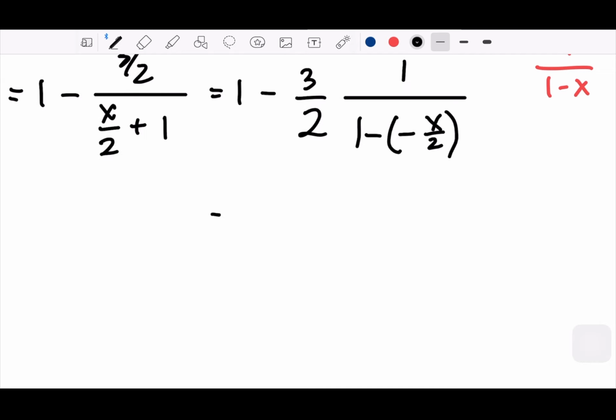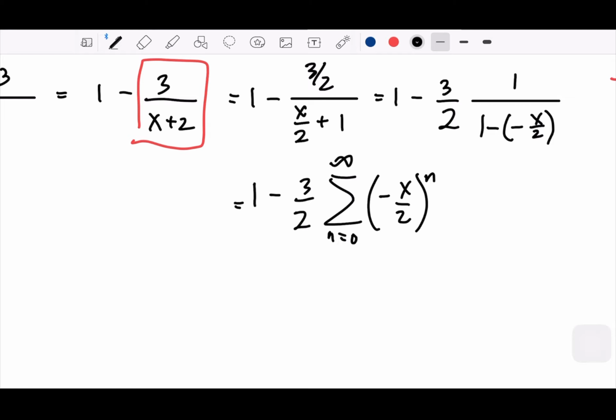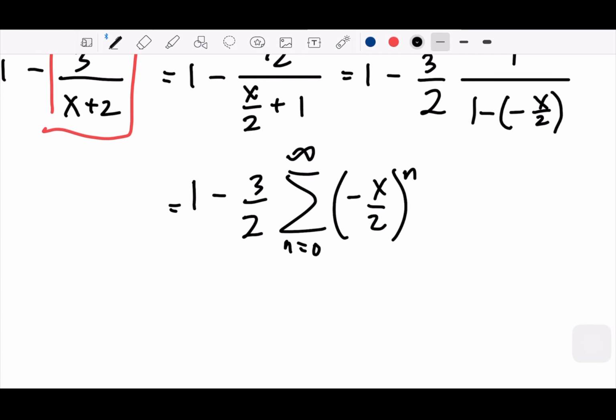Okay, next, let me write here. So 1 minus 3 over 2 sum of negative x over 2 with power of n. Now if we start with n equals 0, this is what we get.